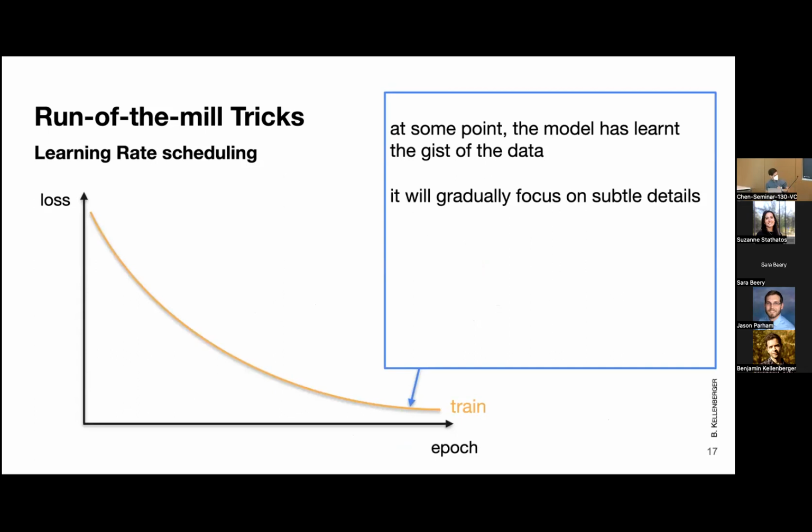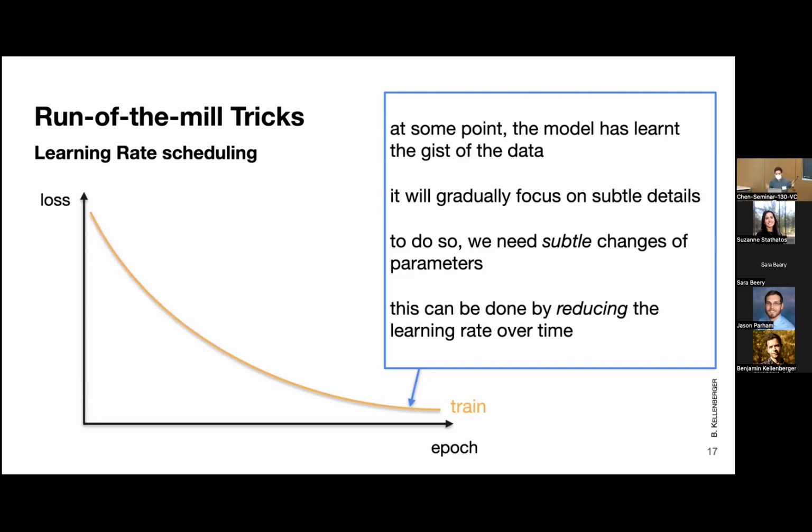And in doing so, it will take finer and finer steps, because at some point, it might predict the correct species with like 80% of confidence, but it really is encouraged to push to 100%. So it'll start to really dig down on the very subtle details of the input. And for that, it needs to take smaller gradient steps. And of course, what we do is we reduce the learning rate over time. The learning rate is what scales the magnitude of the gradients that we apply to the parameters.